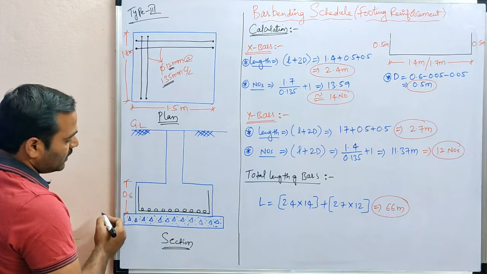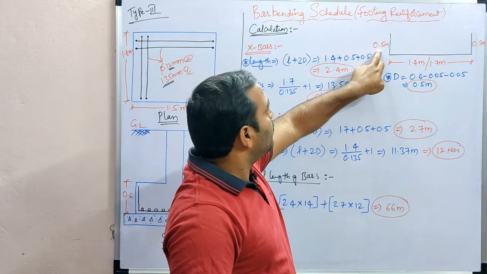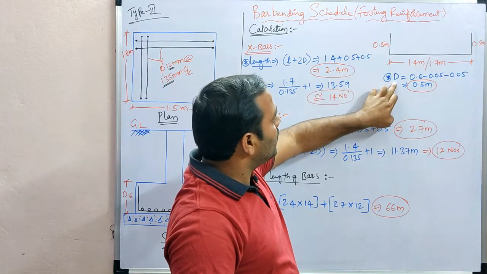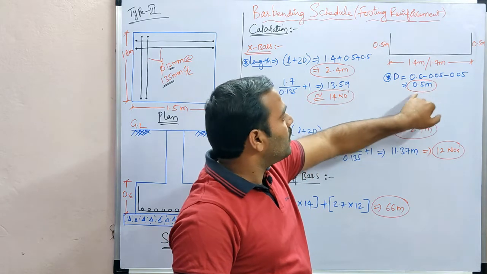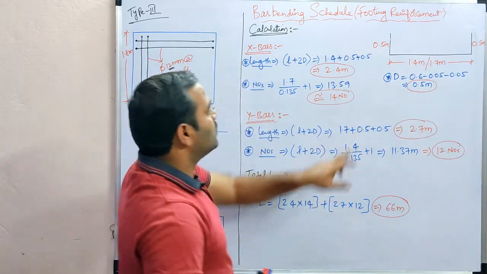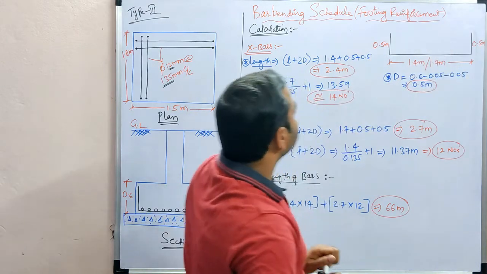So 0.6 minus 0.1 is nothing but 0.5 meters. I have written here, d is equal to 0.6 minus 0.05 minus 0.05, I got 0.5 meter. So this is the depth of bar, this side and this side.